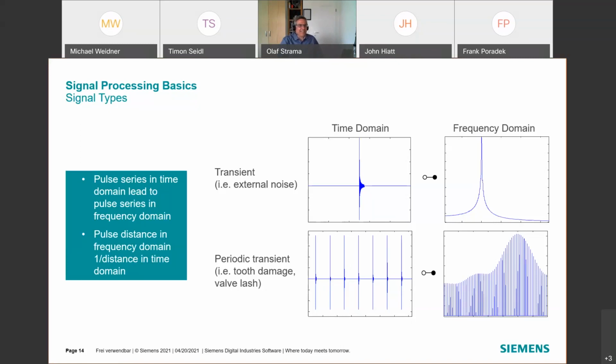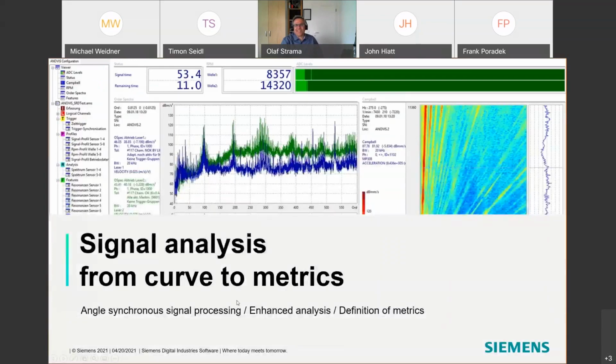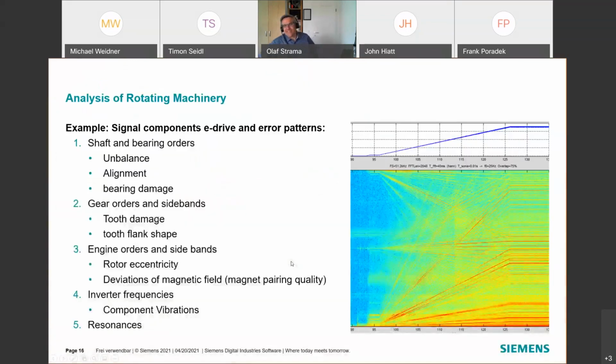Yes, here we were talking mainly about time domain, but what about the order domain again? Here again, this picture, maybe you remember it from yesterday. We had a look at the signal components that are emitted by an eDrive during the test.